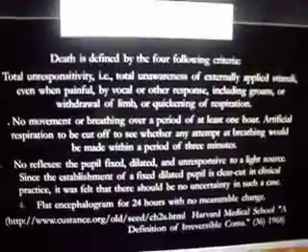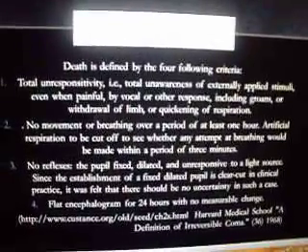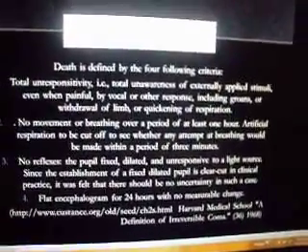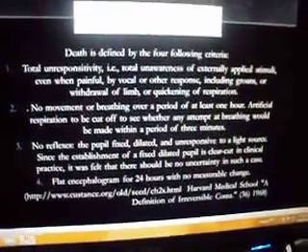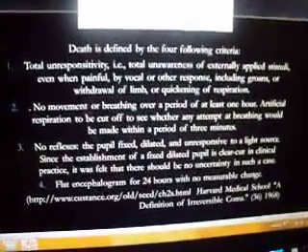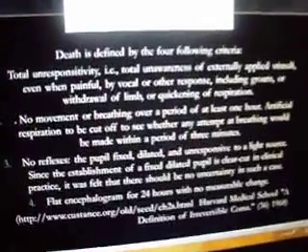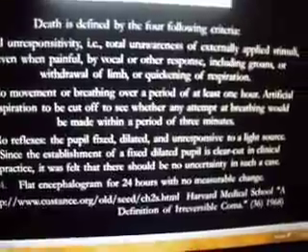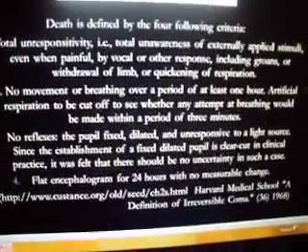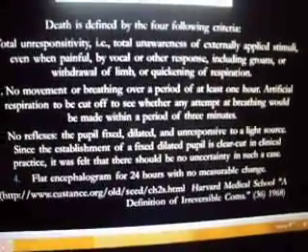Death is defined by the four following criteria by Harvard Medical School. In 1968, they posted a report that said death is defined by the four following: total unresponsivity, total unawareness of externally applied stimuli, even when painful, by vocal or other response, including groans or withdrawal of limb, quickening of respiration.